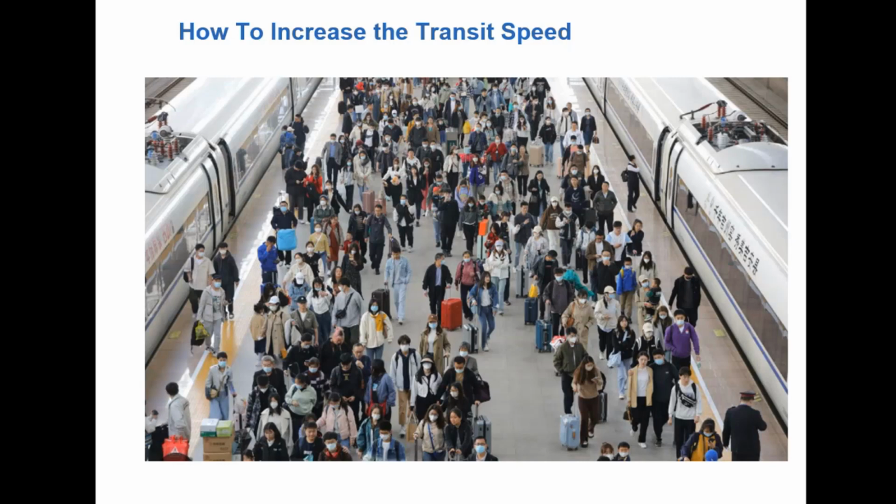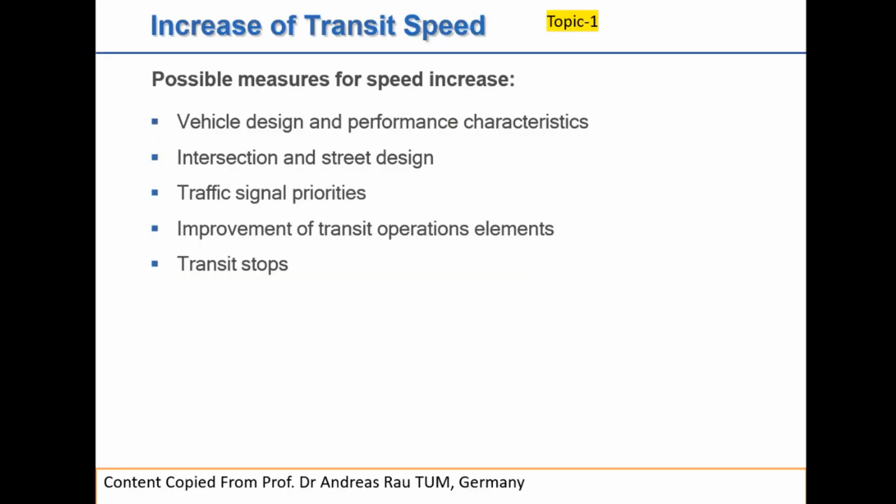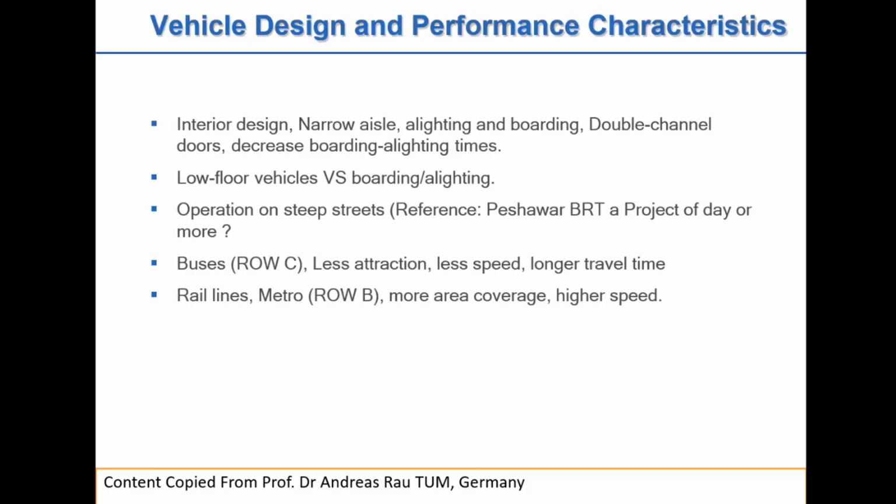We will also try to understand how we can prioritize the signal if the same transit system is crossing any intersection, how we can give priority to that specific transit system. Those are some of the measures which we will try to understand in more detail. Moving on to the very first one, vehicle design and performance characteristics.